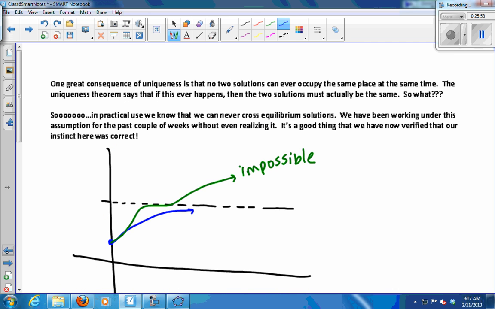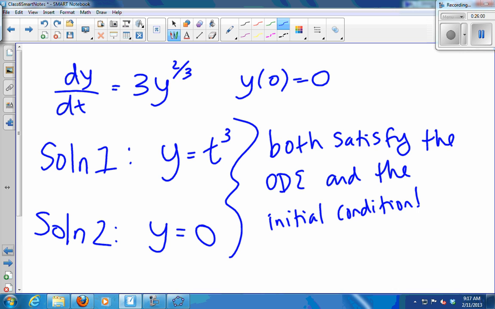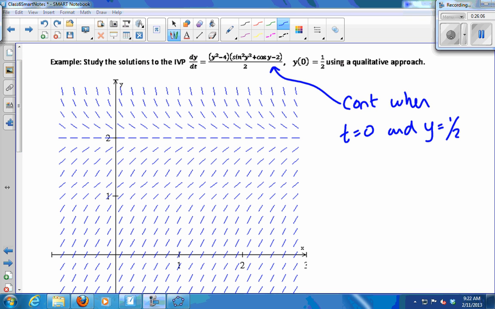I thought I had a picture of that guy. I guess I don't. Let's look at the slope field of 3y to the 2/3. So this guy is continuous at the point of interest. Is its derivative continuous? Yeah, it should be. We're not going to take the derivative.